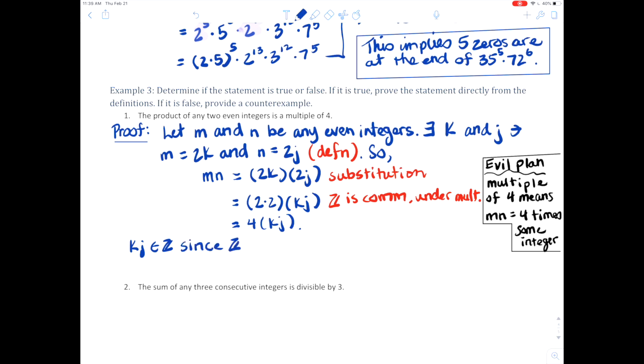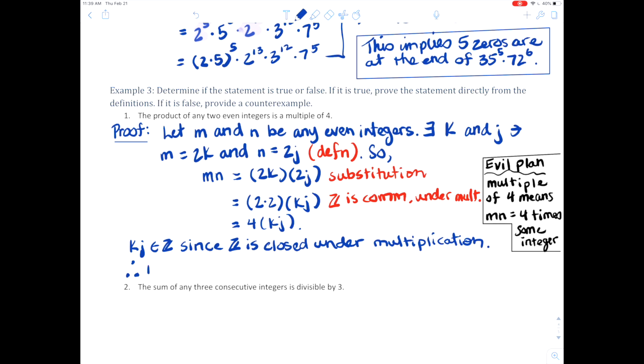Since the set of integers is closed under multiplication. When you multiply 2 integers, you get another integer. And so now, do you see we've done it? We've completed our proof.